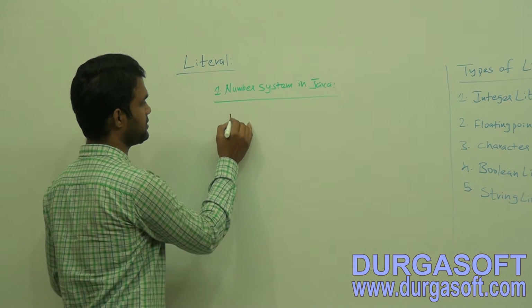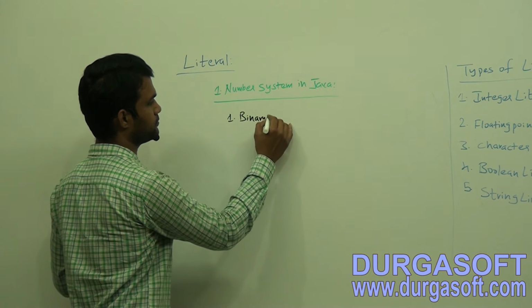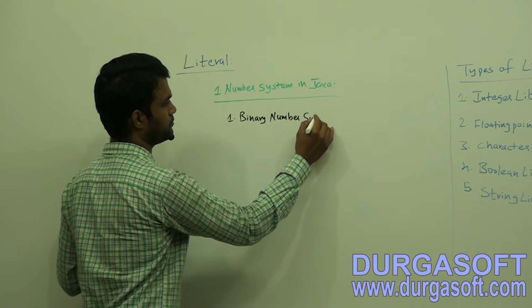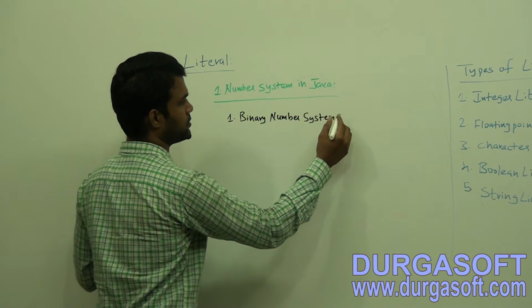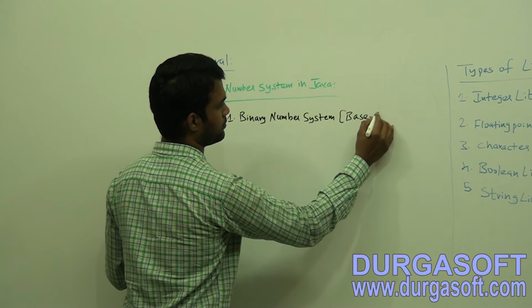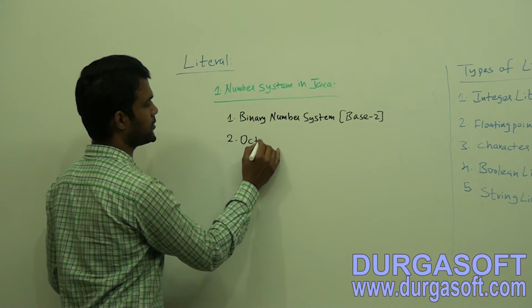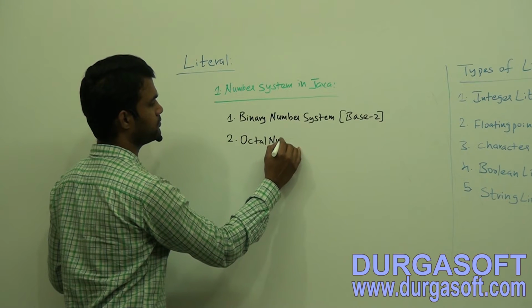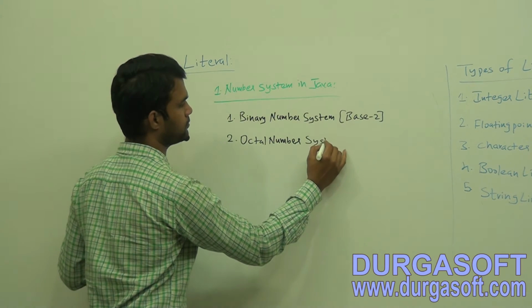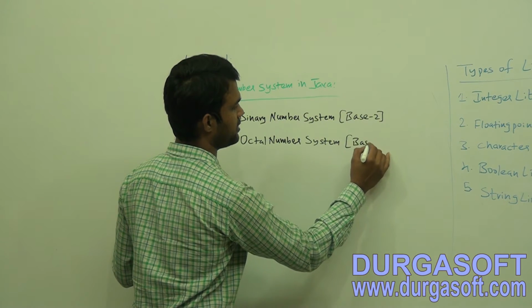The first one is the binary number system, that is base 2. Second one is the octal number system, that is base 8.